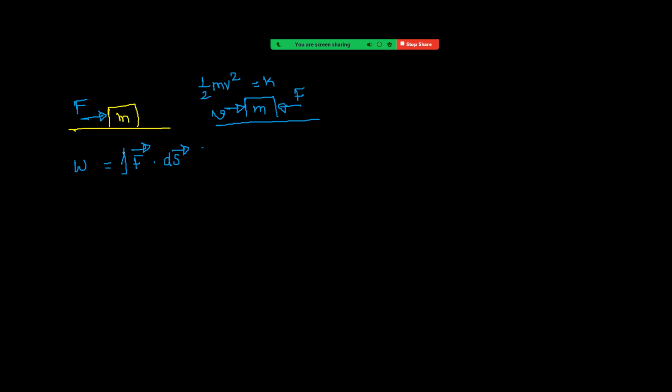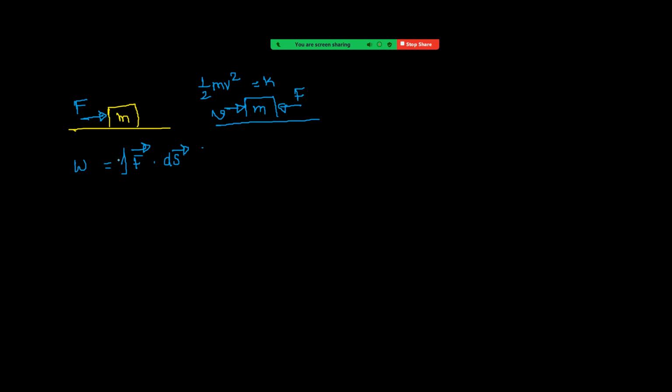So we define the work done by a force on a particle as a line integral. This is integration, but we are taking it over a path. I am repeating, we are taking integration along a line, meaning along the line along which that particle is moving.